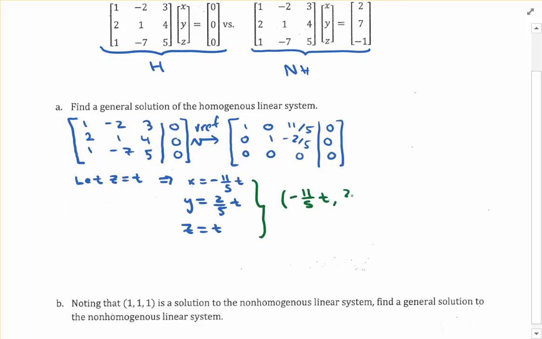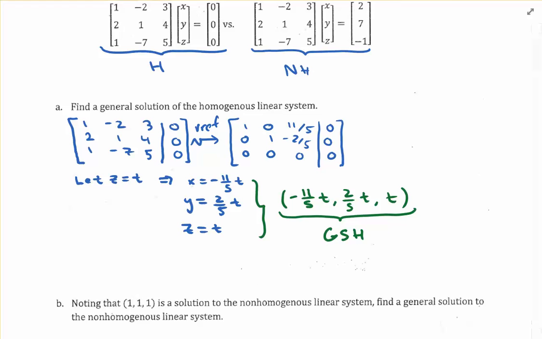Second component, 2 fifths t. And then third component, t. And what you're looking at right here is the general solution to the homogeneous linear system, which why don't I just go ahead and write that as GSH, general solution for the homogeneous linear system. All right, so that takes care of part A.